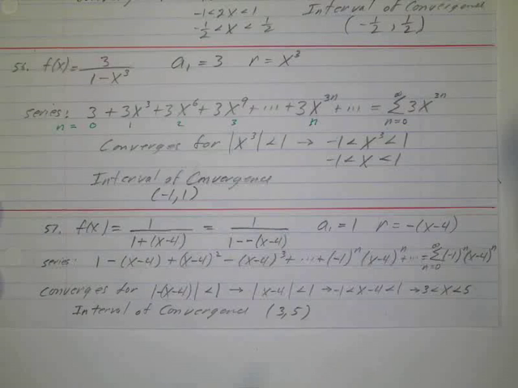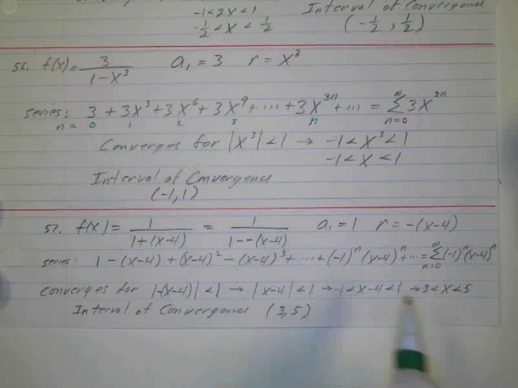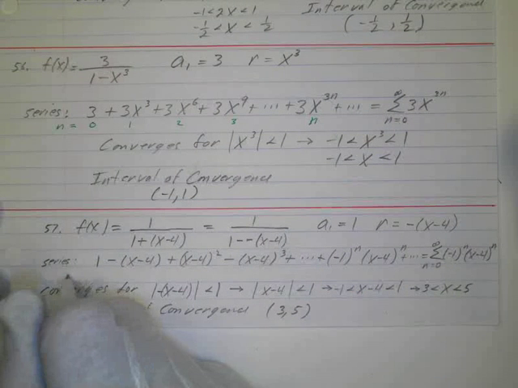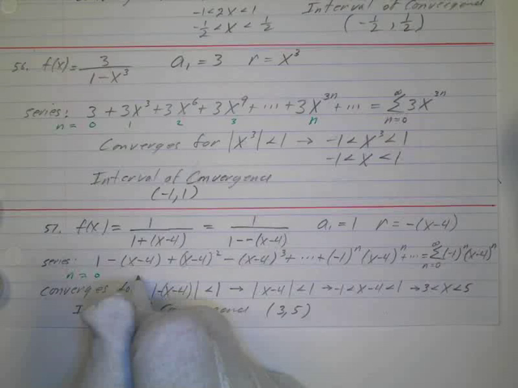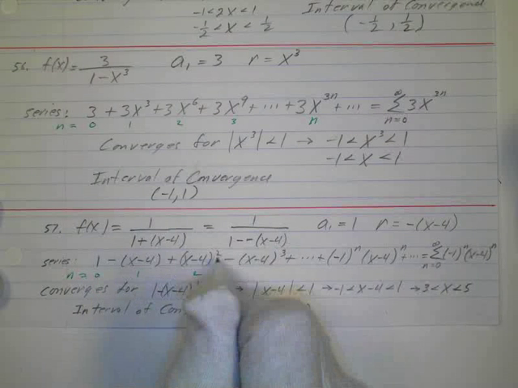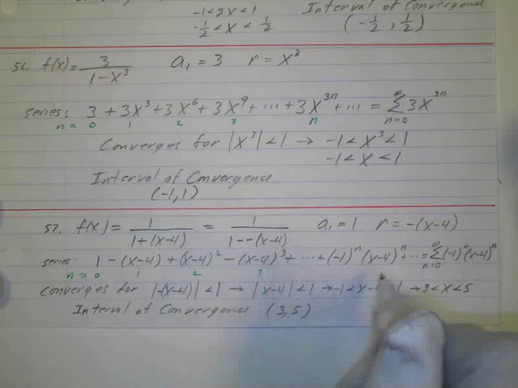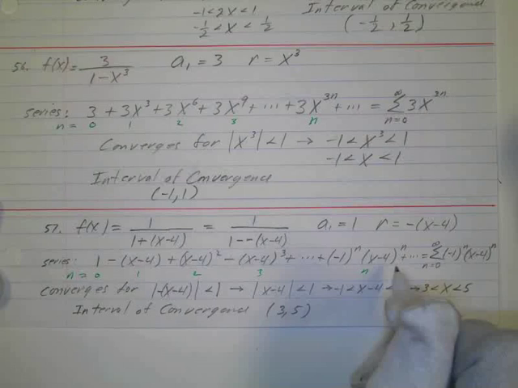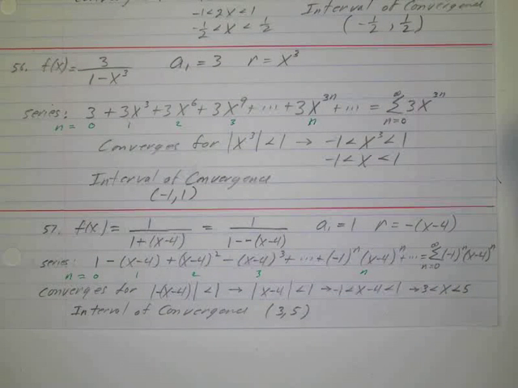That's going to generate the alternating signs, and so this is going to go from n equals 0, 1, 2, 3. You can see the 3, and then this is to the n. So the n matches the exponent.